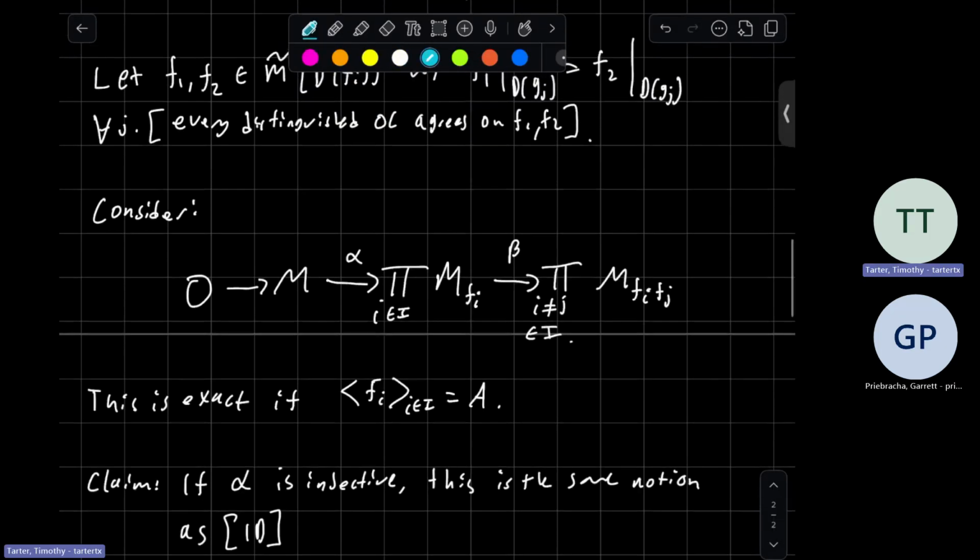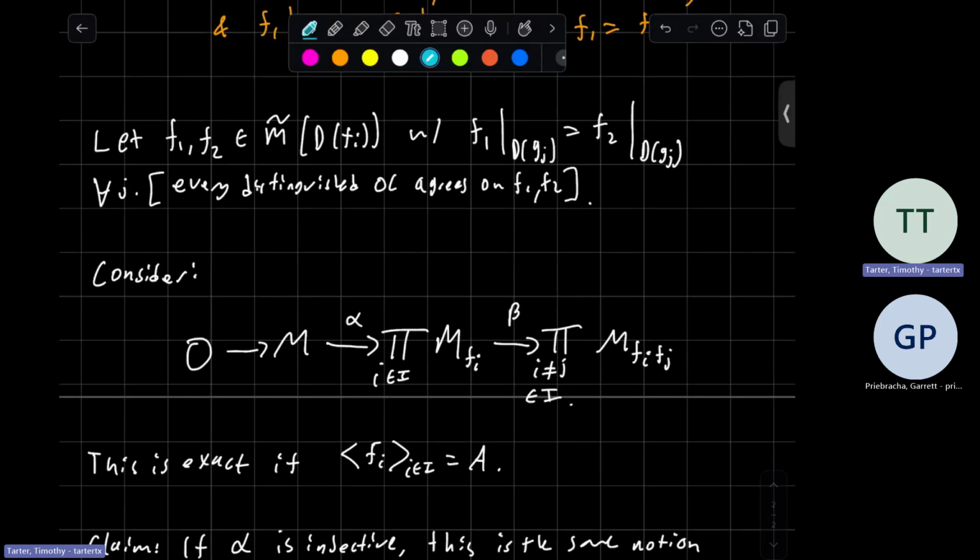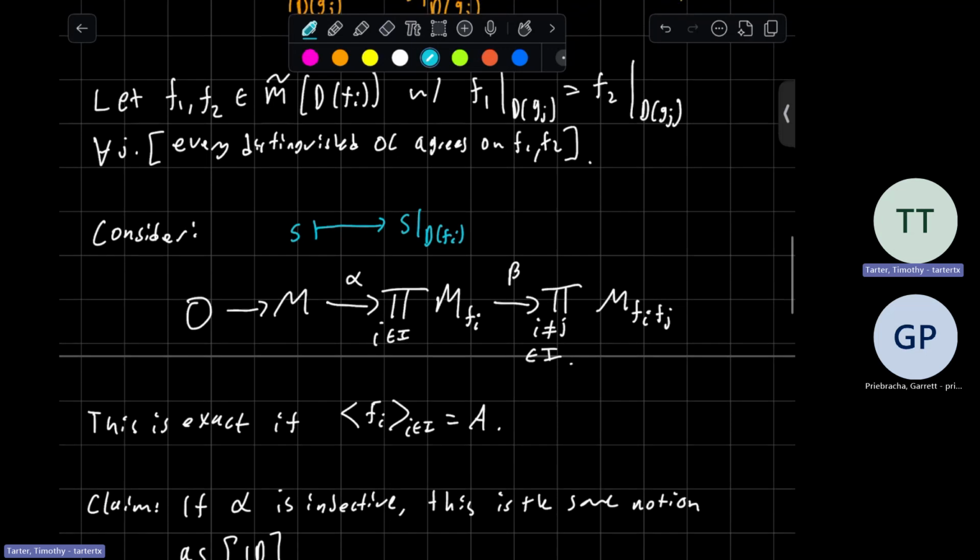And I guess the thing I'll note is that alpha sends S to S restricted to D(f_i).